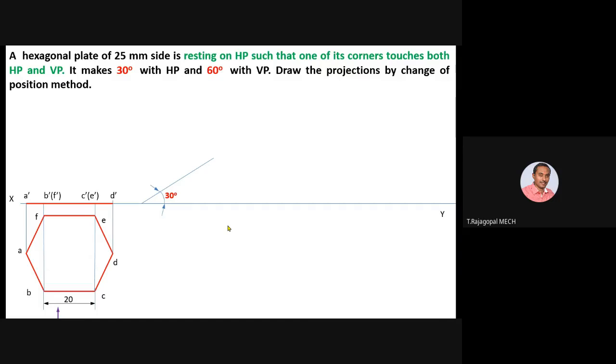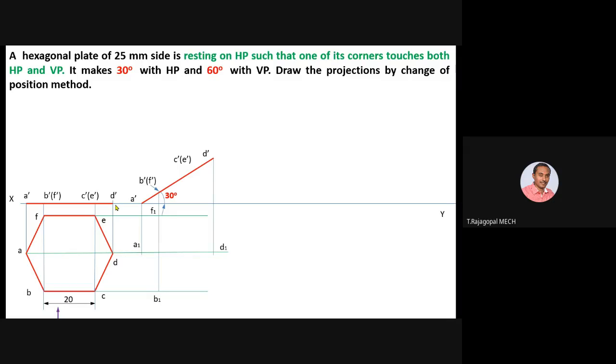Draw 30° inclination line without any specific length. Okay, reproduce the same front view in the step 3, by measuring all the respective corners. Okay, A dash, B dash, F dash, as well as C dash, E dash, D dash. Now you can extend all the projectors.